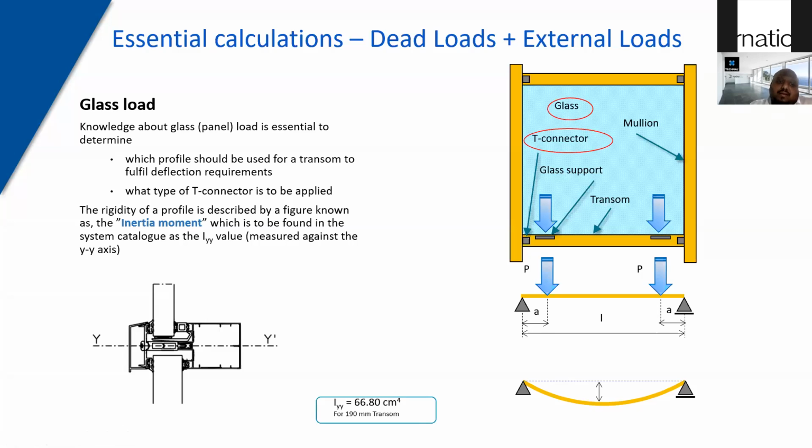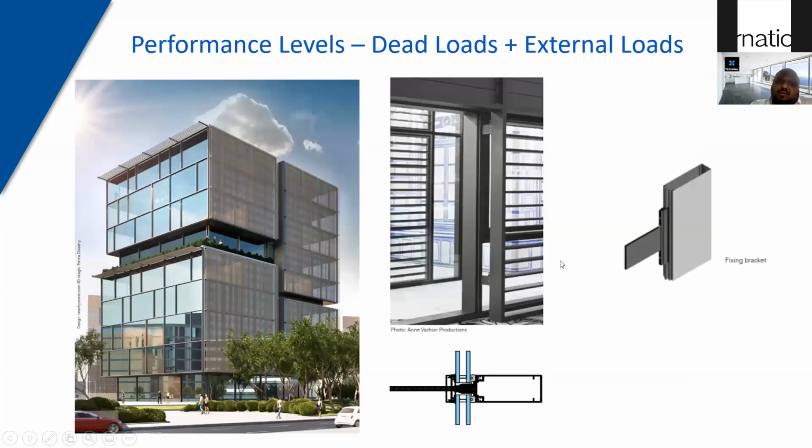Here again, we understand the glass configuration and calculate the inertia along the y-axis, and then we come and recommend to you, hey, as cost saving, we can reduce the transom depth, and that gives you a considerable amount of saving when it comes to the aluminum curtain wall.